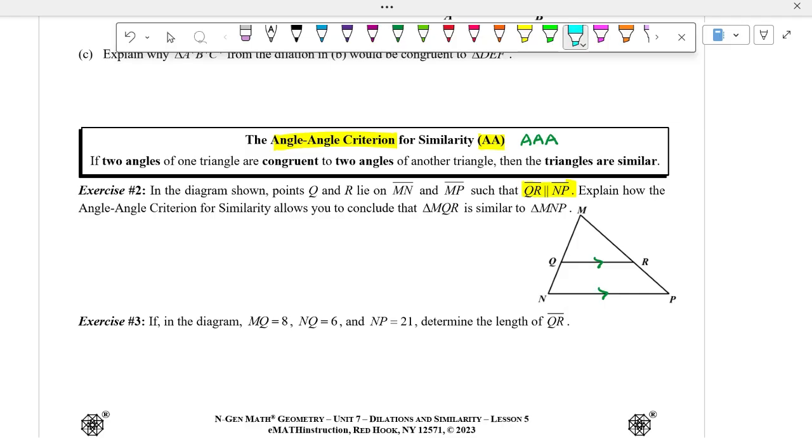And we're going to show that we have the angle criterion. So between these two triangles, and again, I'm talking about this tiny triangle and this big triangle, can someone tell me between those two triangles, what is one definite angle that we can 100% say is congruent?